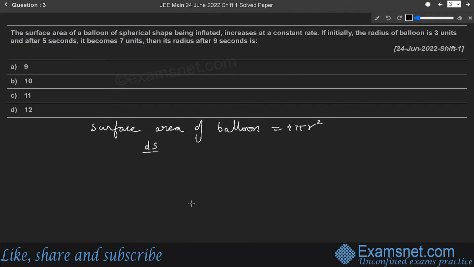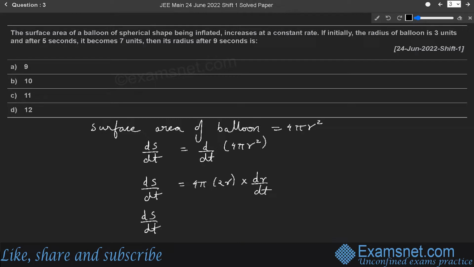Therefore, ds upon dt will be equal to d by dt of 4 pi r square. So ds upon dt will be equal to 4 pi into 2r into dr upon dt. Therefore, ds upon dt will be equal to 8 pi r into dr upon dt.